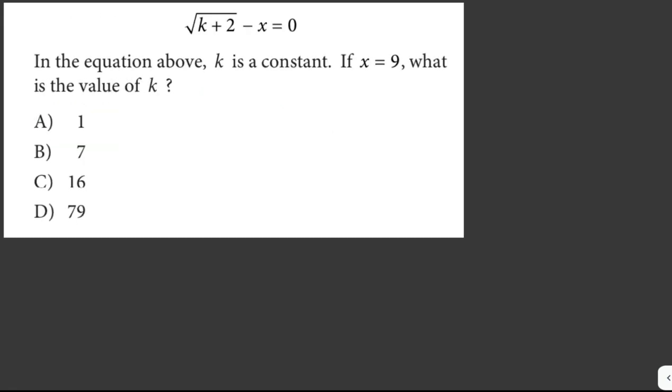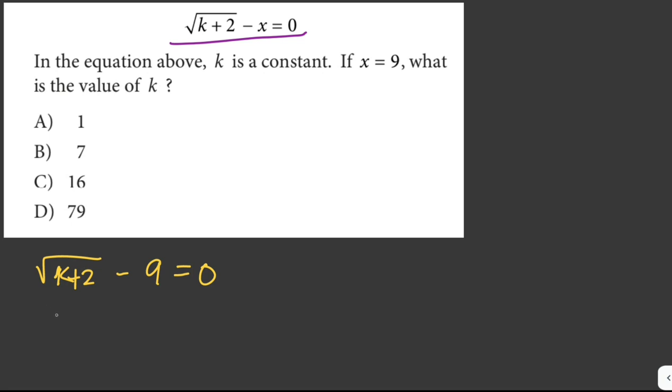In the equation above, k is a constant. If x is equal to 9, what is the value of k? So if x equals 9, this equation becomes square root of k plus 2 minus 9 equals 0.